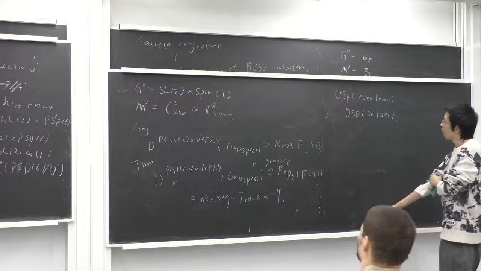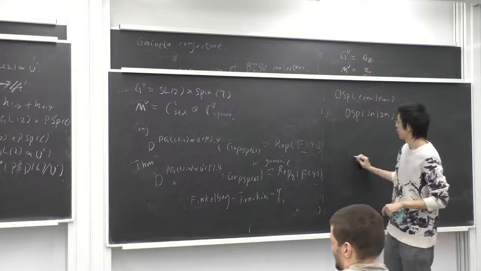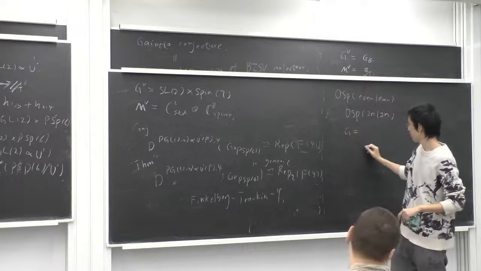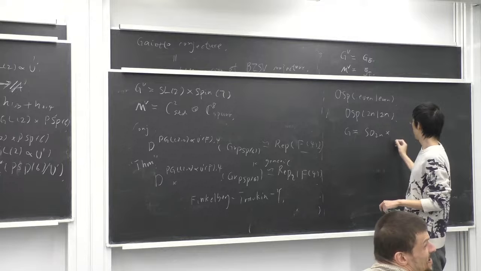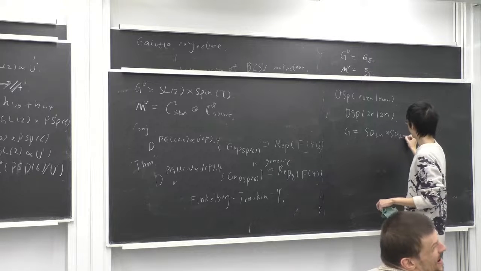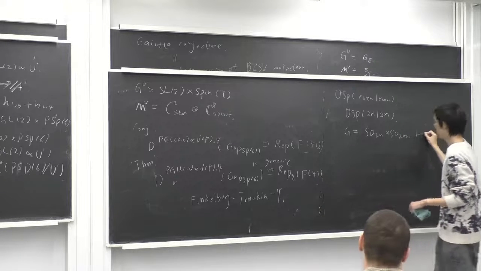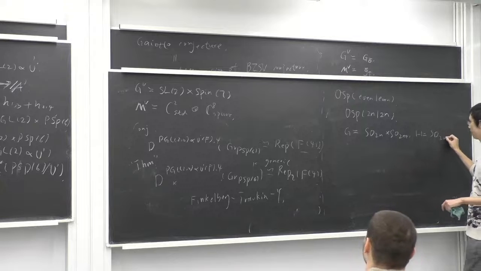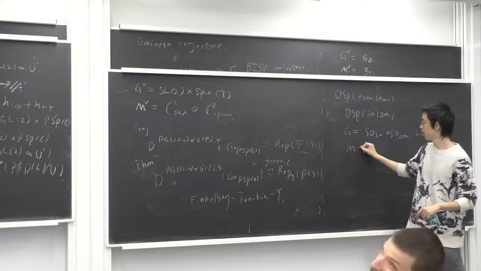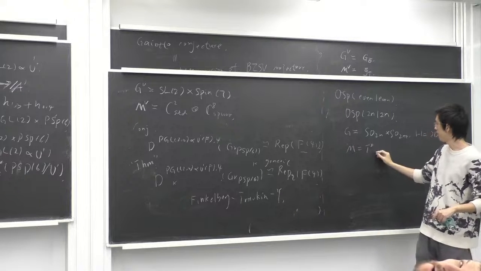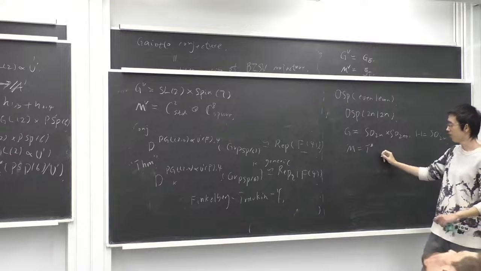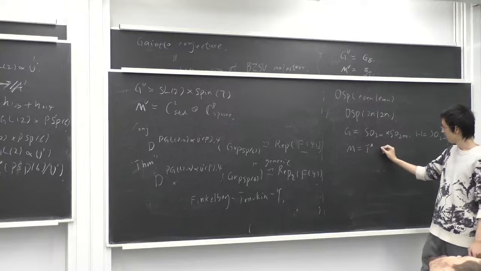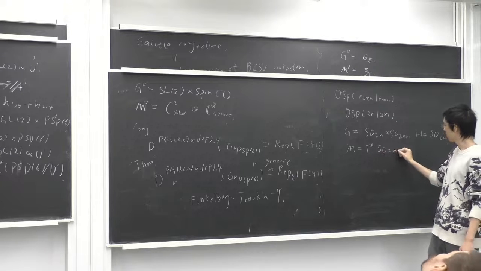For OSP(2n|2n), in this case your G is SO(2n) times SO(2n+1), and your H is SO(2n). And your M is a cotangent bundle on G quotient H, non-twisted, so that is T*SO(2n+1).